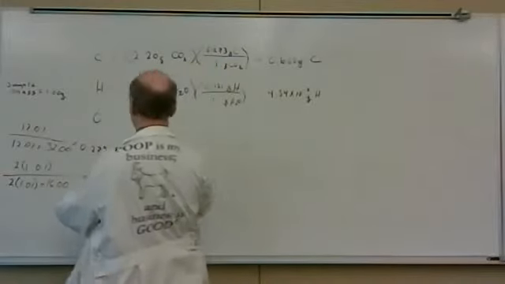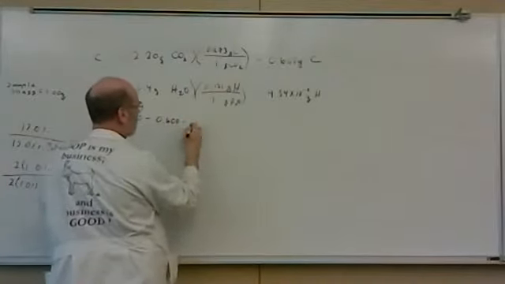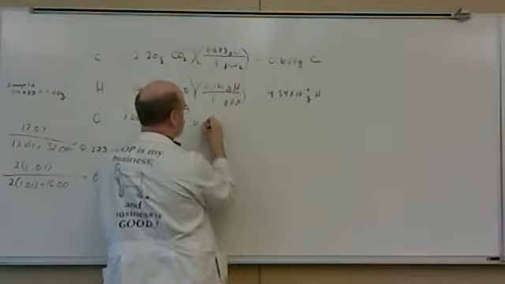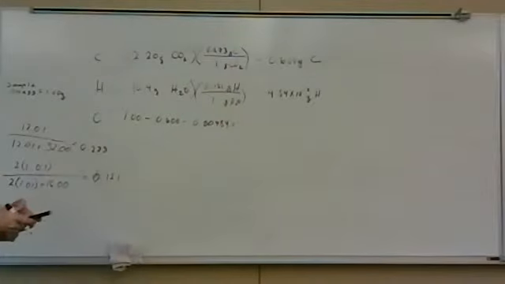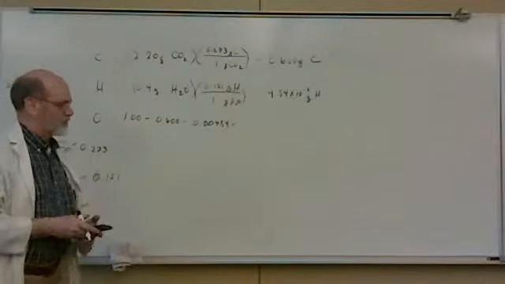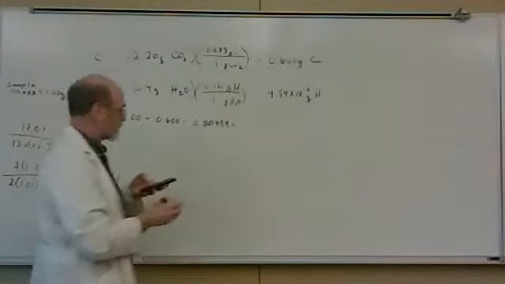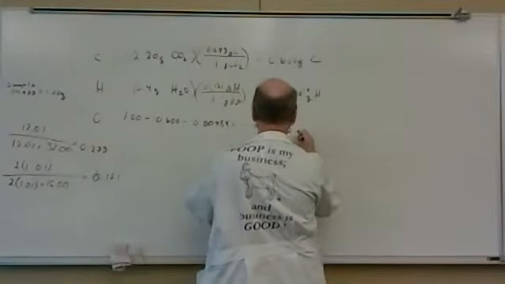Well, it's 1 minus 0.6 minus 0.0484. Subtract the carbon, subtract the hydrogen, and you get the oxygen. Okay, so I get 0.395 grams of oxygen.